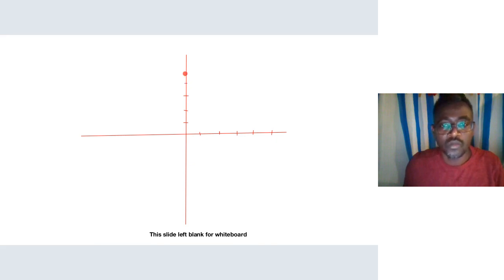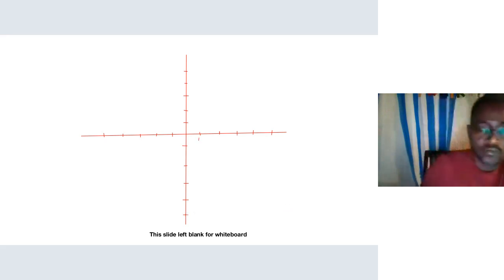We call this a coordinate plane. Okay, so we have 1, 2, sorry.